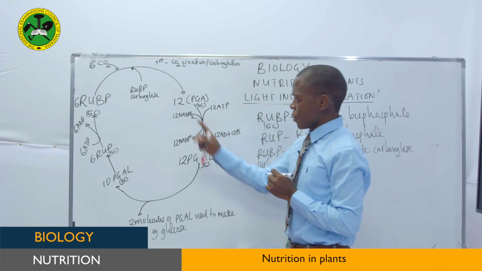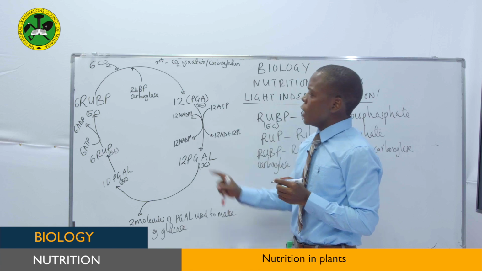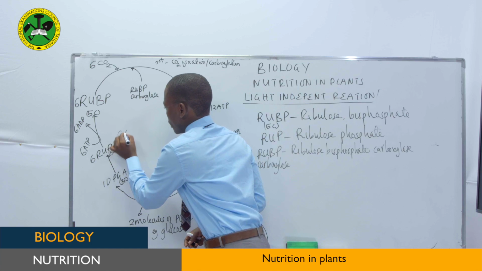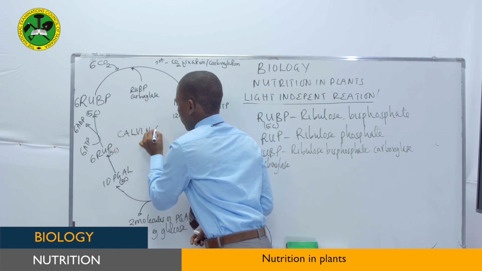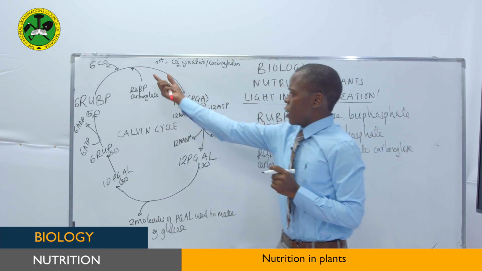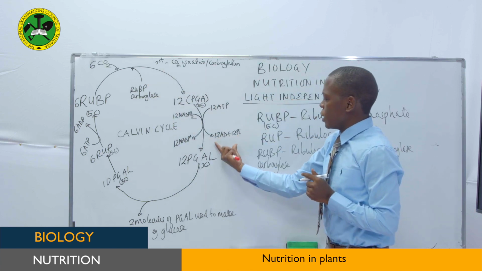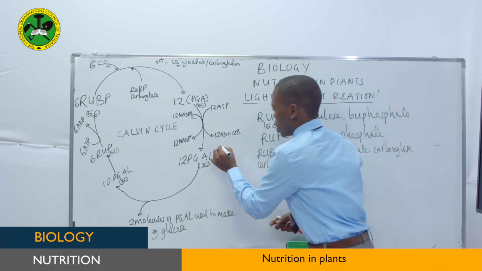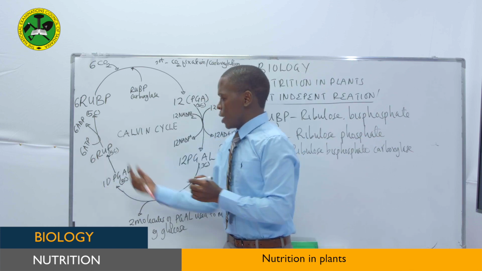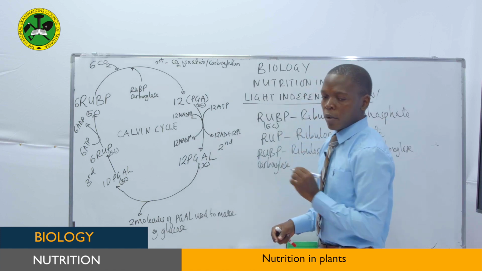Okay, therefore, this is how the Calvin cycle is explained diagrammatically. It's called the Calvin cycle. As you can see, this is the first stage, carboxylation. This is the second stage, reduction phase. And this is the third stage, regeneration.